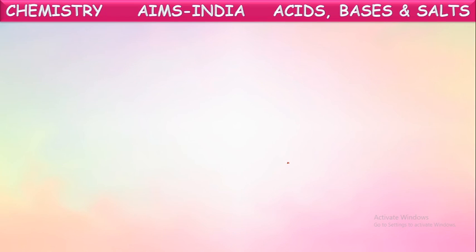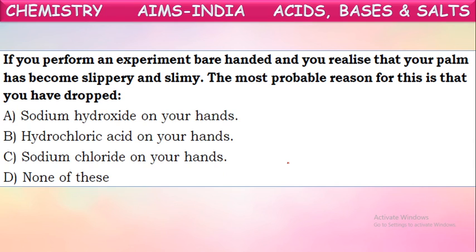Next one. If you perform an experiment barehanded and you realize that your palm has become slippery and slimy, the most probable reason is that you have dropped what? Which chemical substances are generally slippery? We told while explaining about the bases: bases are bitter in taste and they are soapy and slippery to touch.